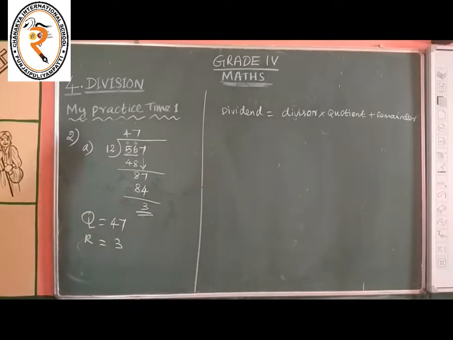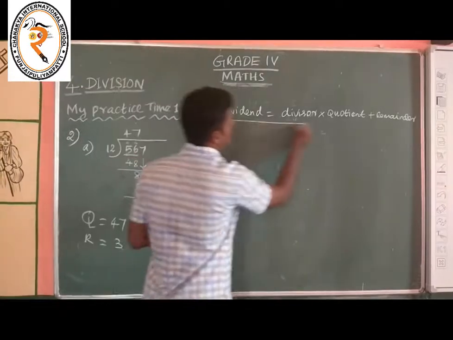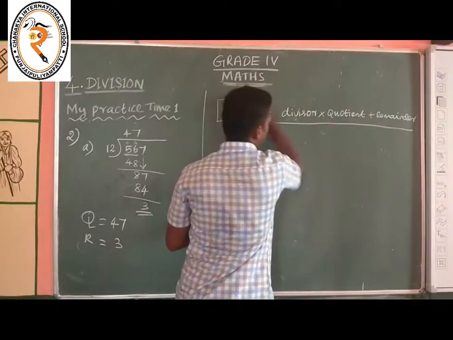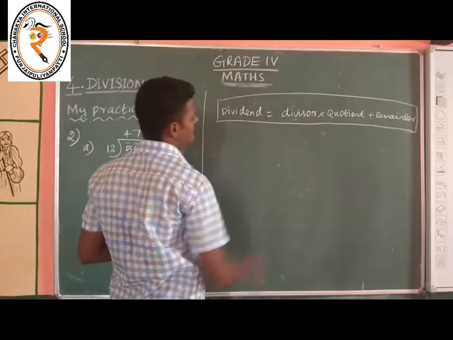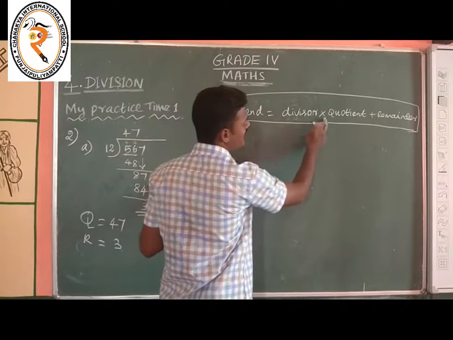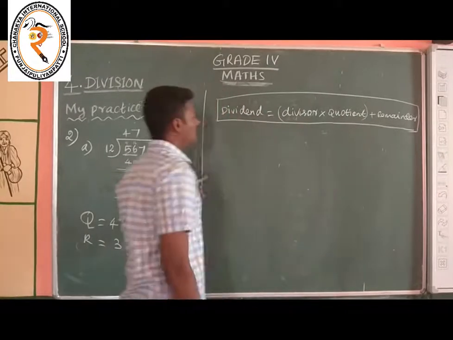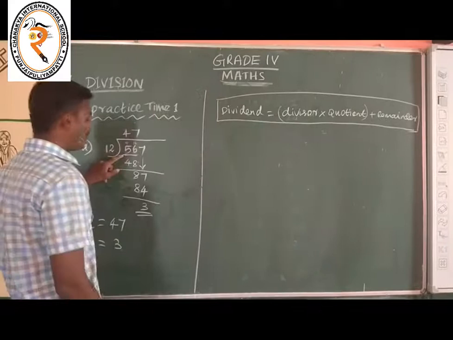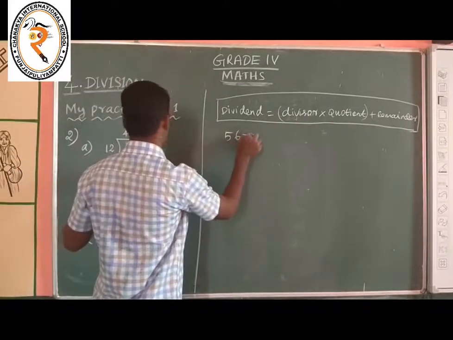So our formula: dividend is equal to divisor into quotient plus remainder. The dividend is 567.